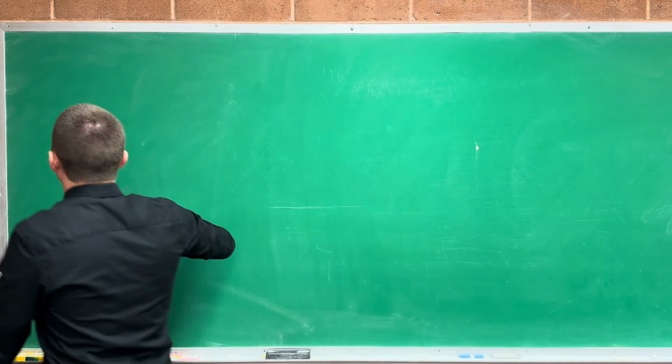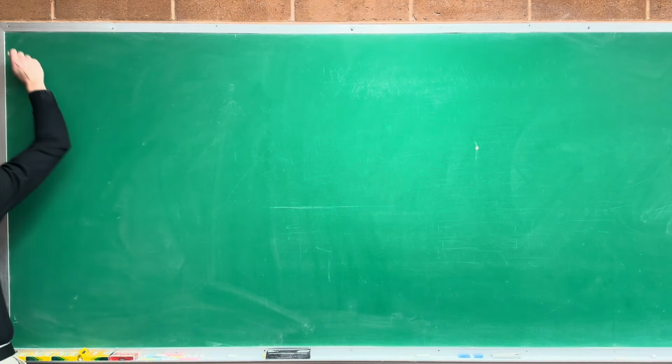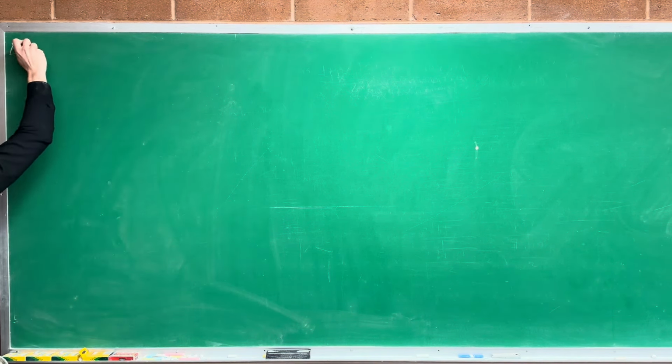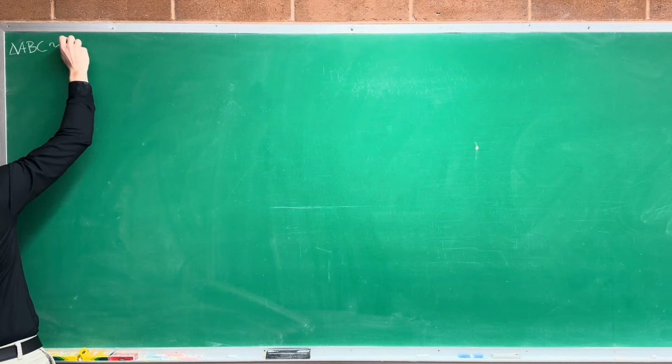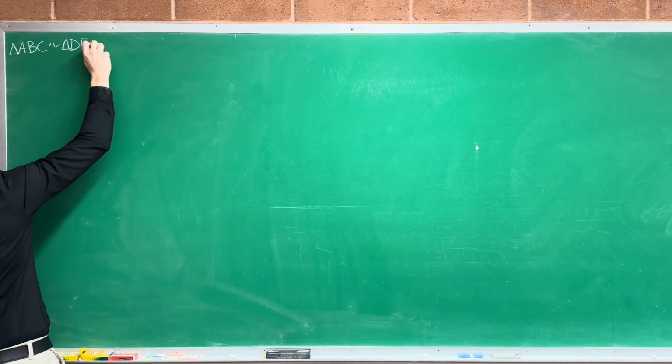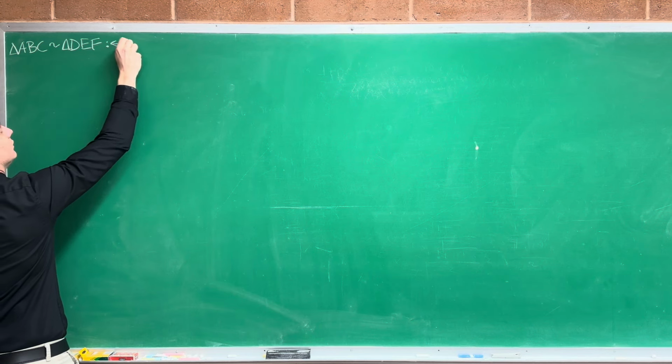Similar triangles. So let's remind ourselves of what exactly the definition of similar triangles is. If I know that triangle ABC is similar to triangle DEF, what exactly does that mean? All their angles are congruent.